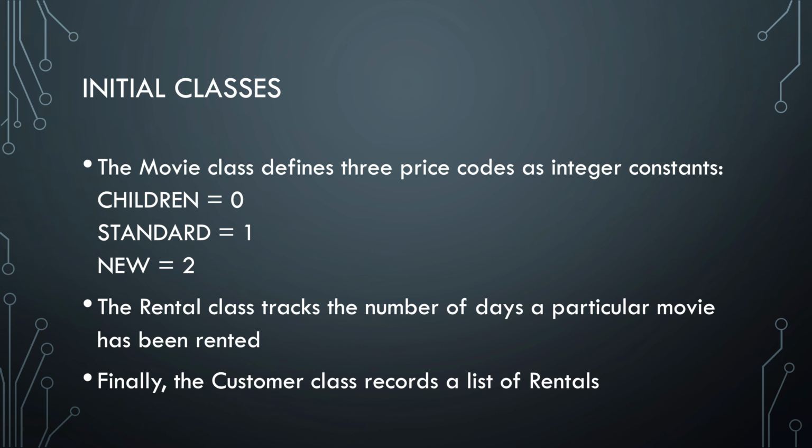A movie is represented by an object that has a title and a price code, which differentiates between children's, regular, and new movies. Each movie rental is represented by a rental object that keeps track of how many days the movie is rented. The rental object has a movie object. Finally, we have a customer who can rent several movies.